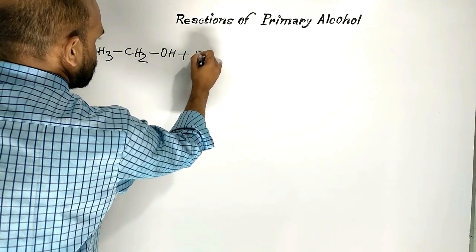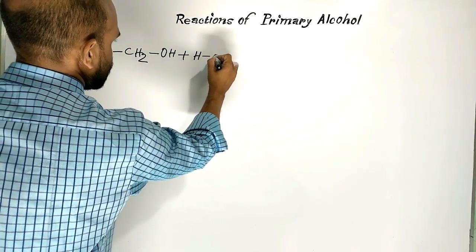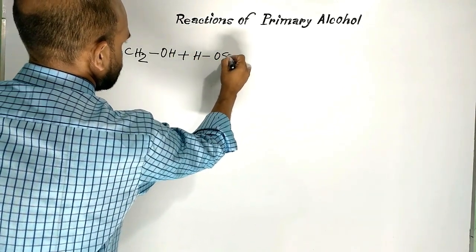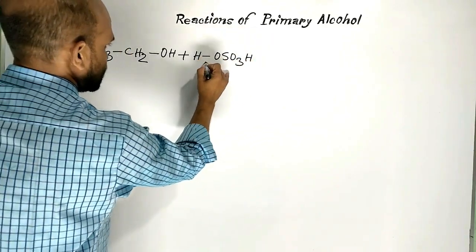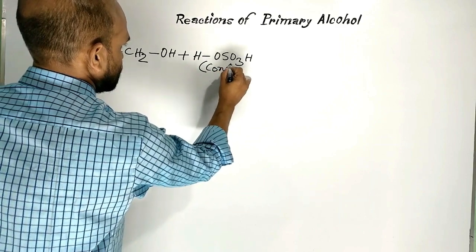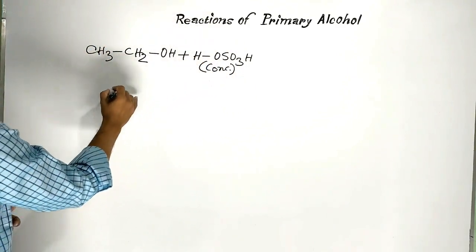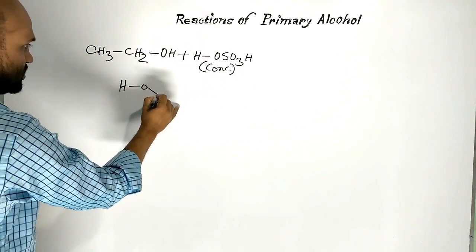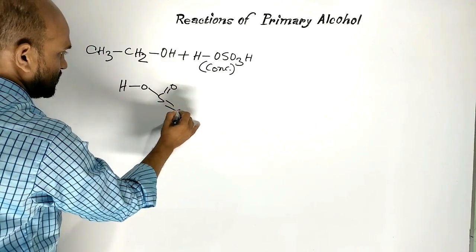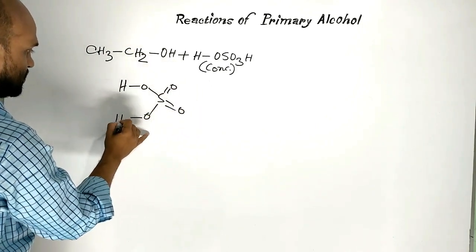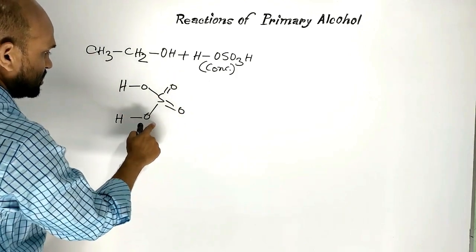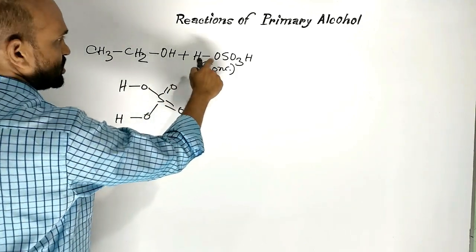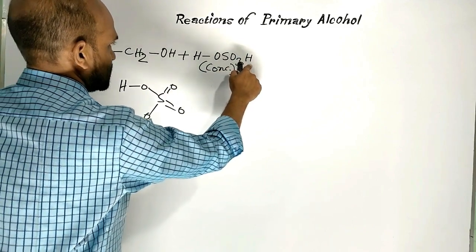When this is treated with concentrated sulfuric acid, this is concentrated sulfuric acid. It can be written in this way: HO-SO3H.